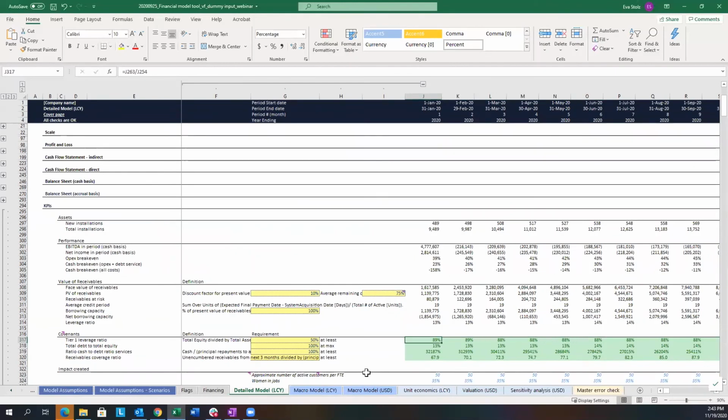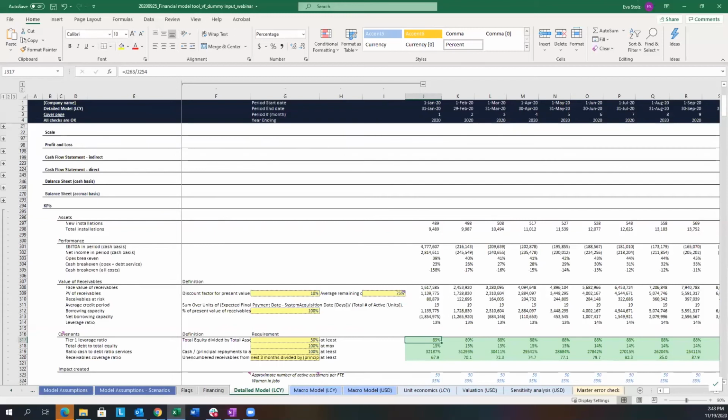So you're not risking any breach. So this is very helpful, and it also gives confidence to the lenders that you actually know how your business will evolve over the duration of the debt.